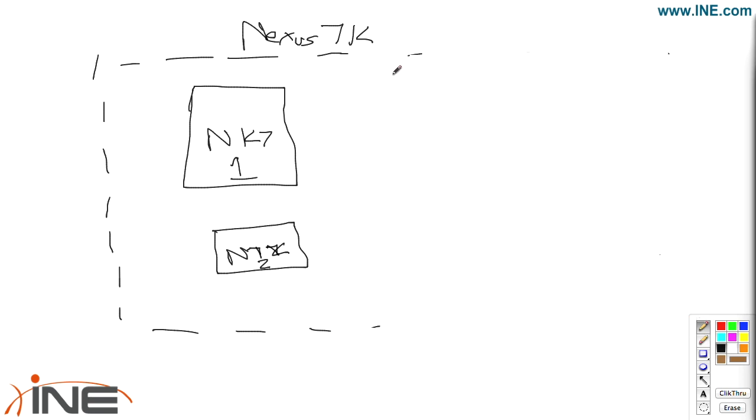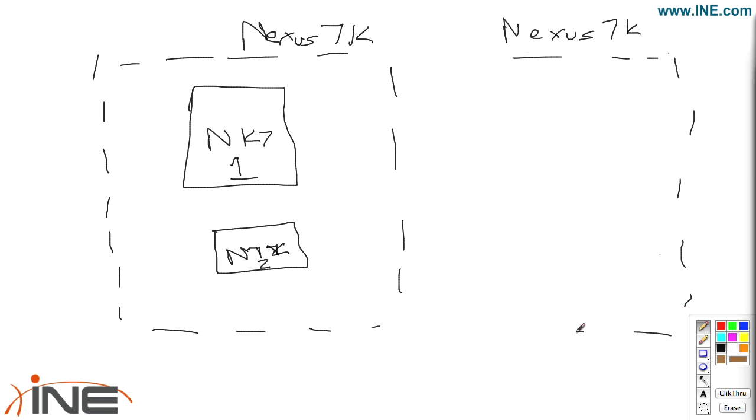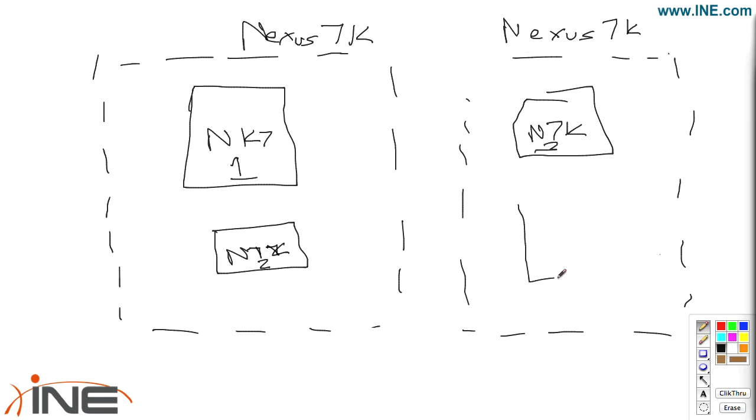So let me just draw this dotted line down here. So we've got my first physical platform, and I've got my Nexus 7K second physical platform that we'll just sketch out here briefly. And so I've got my Nexus 7K 3 and Nexus 7K 4.